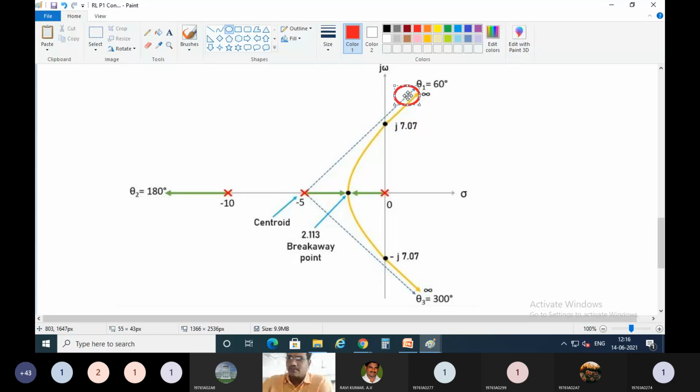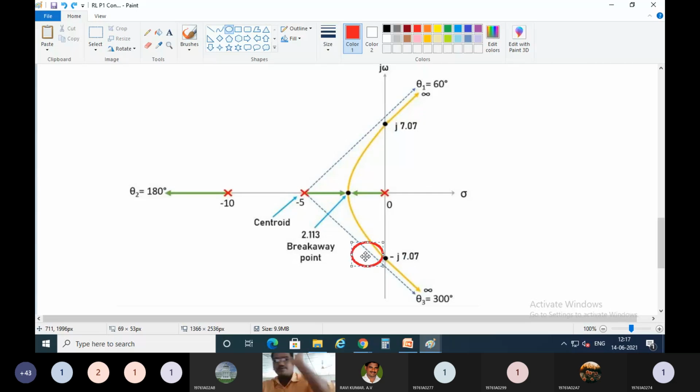Next, from minus 5 there is one more, it is 180 degrees. You can draw like this. In the same way, 300. So these are the 3 asymptotes drawn.